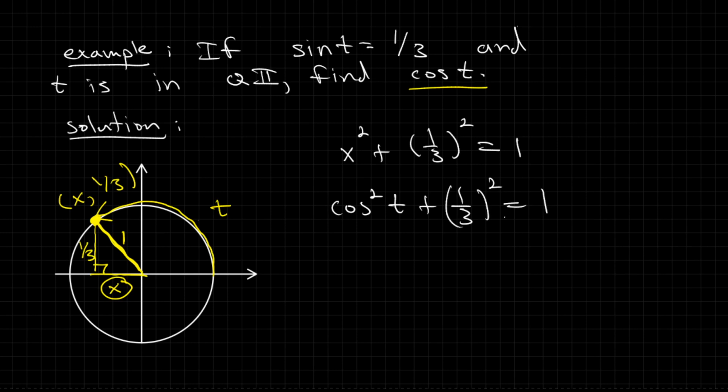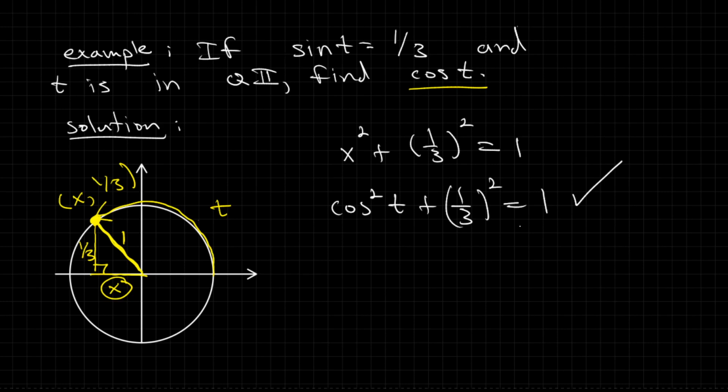1/3 squared is 1/9, and I can go ahead and subtract 1/9 from both sides. I suppose before I do that, I want to remark that if you look at this line, this is exactly the Pythagorean identity that we just introduced, since sine of t is equal to 1/3.